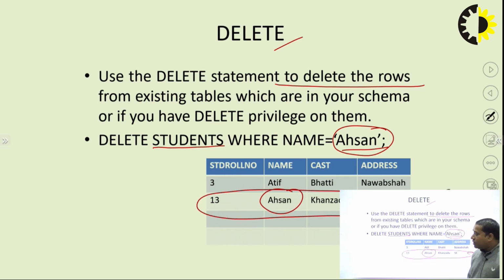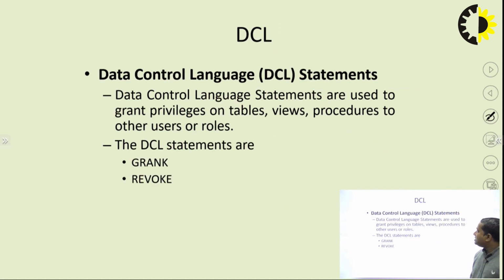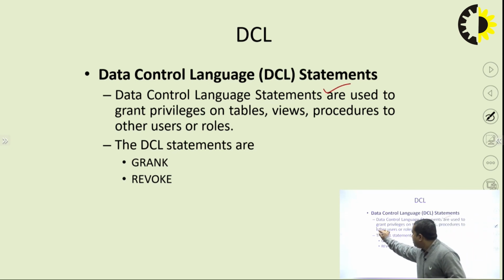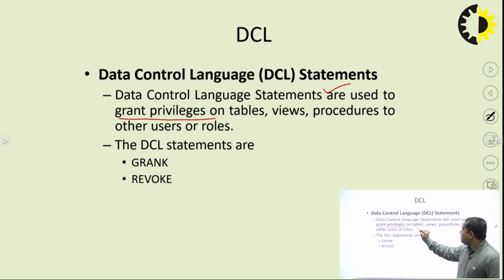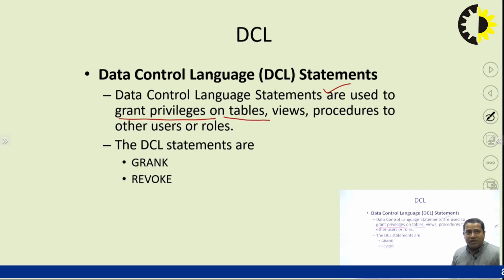Okay, now what is DCL? Data control language. Data control language statements are used for granting privileges. So there are multiple types of users using the same database, but the users may be of different types, and according to their user types, they have some restrictions over database accessibility.